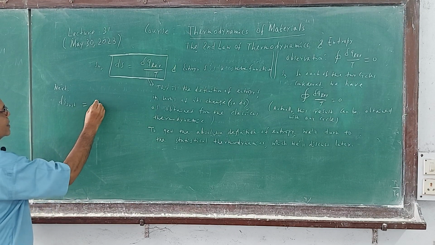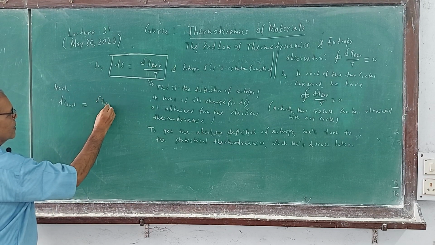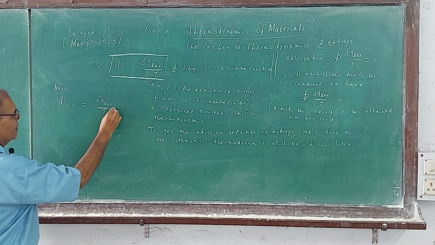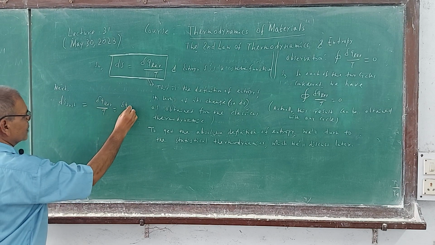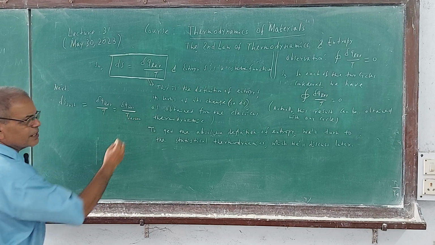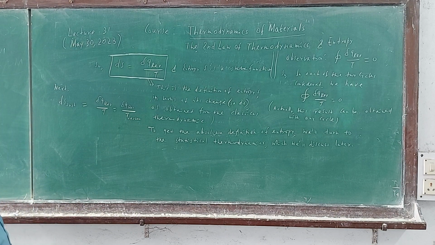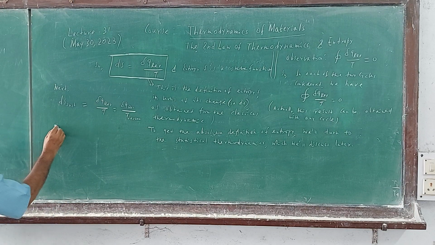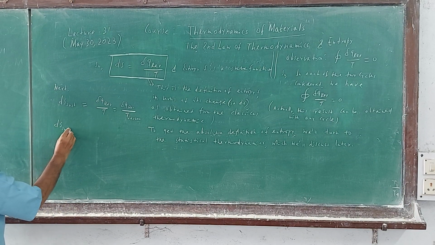So I am writing dq reversible by T, that is again dq reversible by T system. So T means T system. Now we introduce dS surroundings.